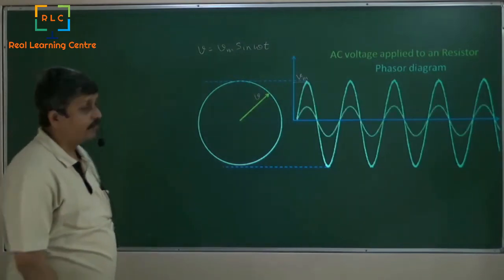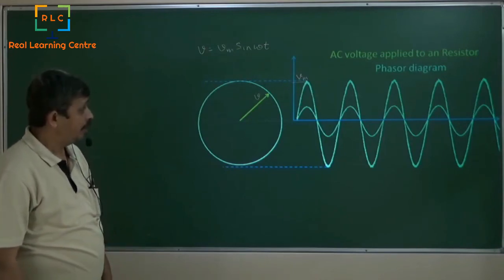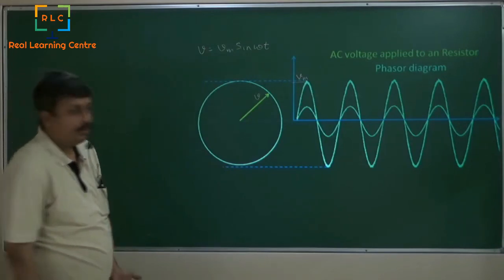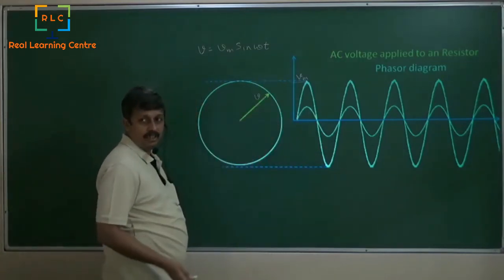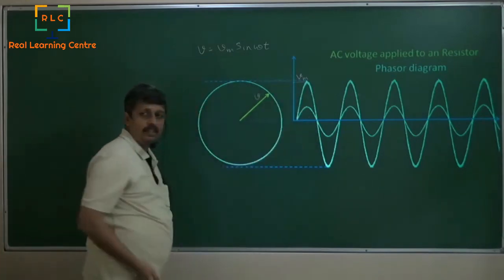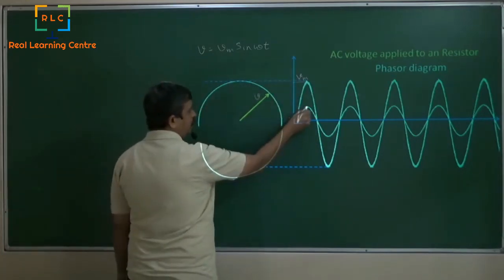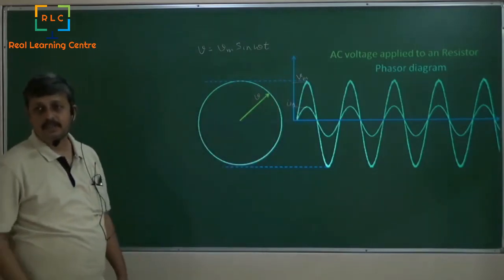If you take this one, for example, let's say this is I, and this is in phase with V. That means it is going up and down at the same points. Let us say this is Im, the maximum current.